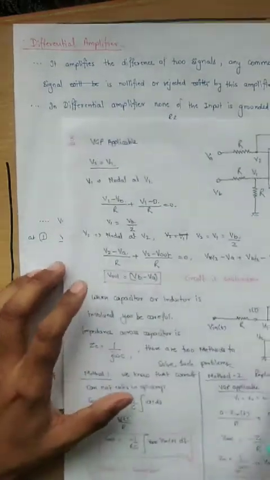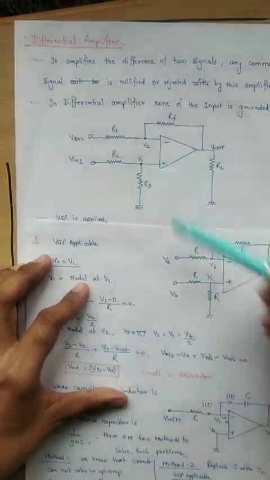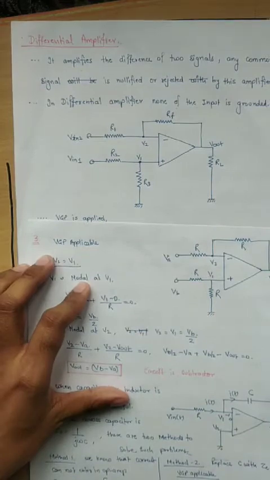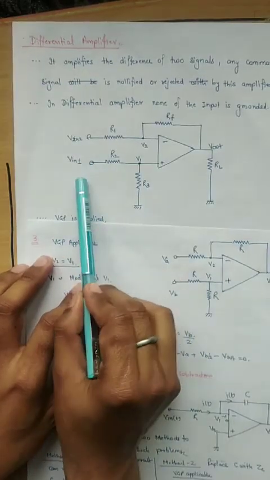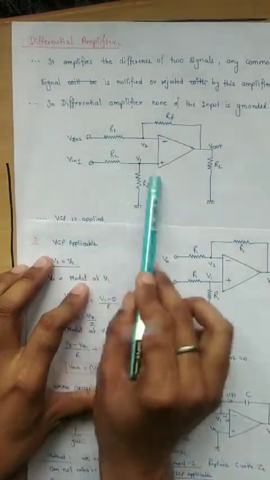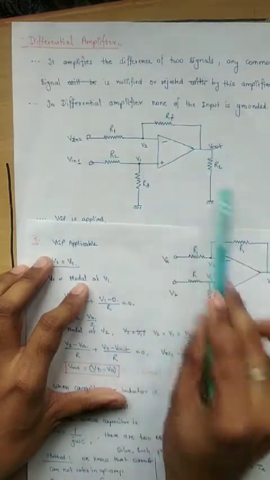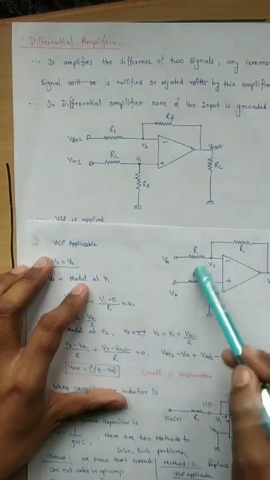So here is a circuit of the subtractor. If you see, the circuit is almost similar. Two inputs, three resistances, one output. But what is the difference between these two?